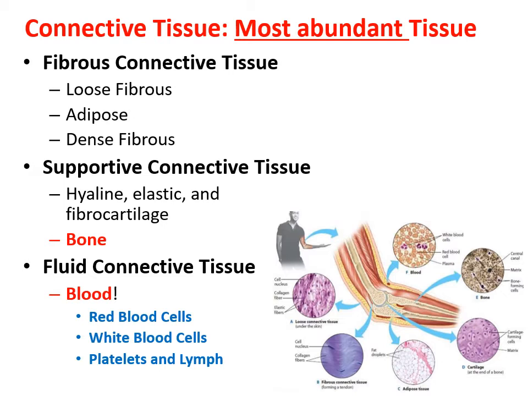You also have supportive connective tissues, okay? And you see a lot of fancy terms there like hyaline, elastic, fibrocartilage. That's a fancy way of saying that these supportive connective tissues are all part of the framework of your body. Under supportive connective tissue, the one that I really want you to remember is the fact that your bone is a connective tissue.